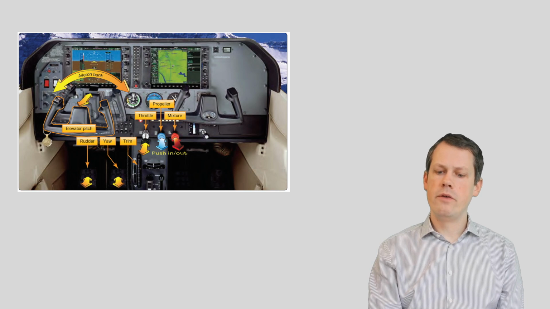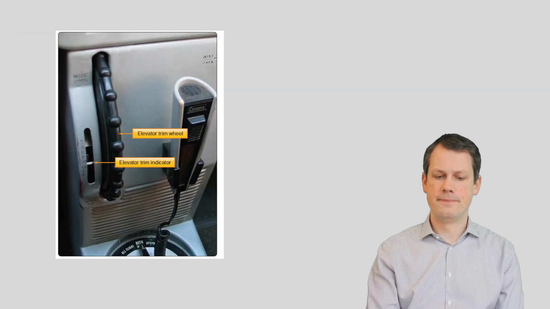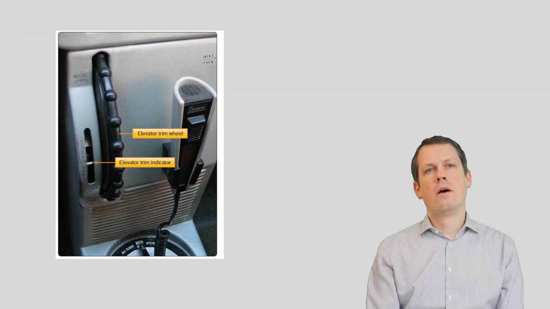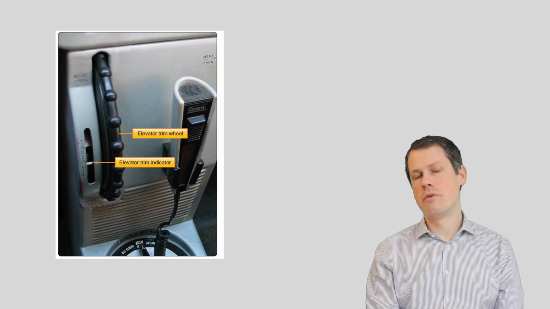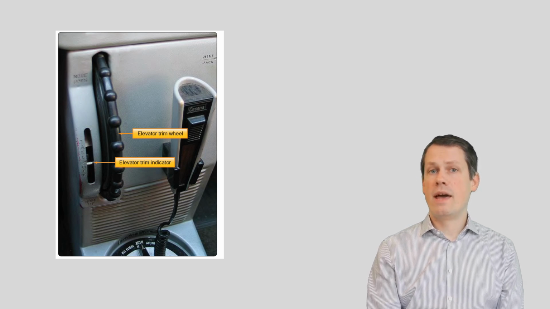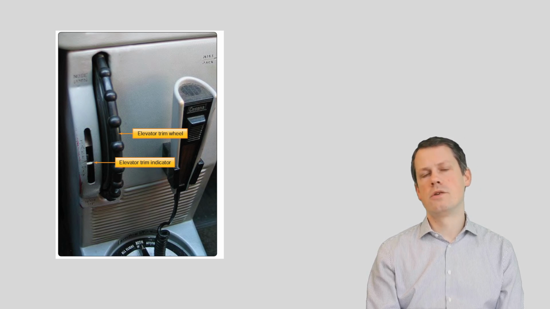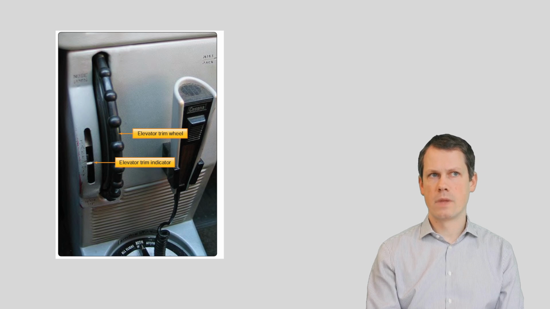Here's again a quick overview of the cockpit controls that we have to actually deflect our control surfaces. I've called it secondary control surface or control before, but it's actually really important, and that's the trim. In most basic airplanes, you only have elevator trim, but in more advanced airplanes, you can also have aileron or rudder trim. In the Cessna 152, we only have elevator trim.